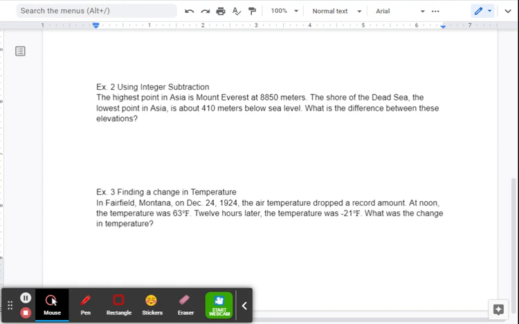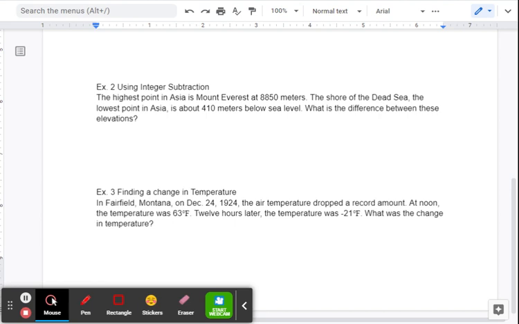They want to know what that big change was going from 63 to negative 21. It changed 84 degrees in 12 hours. An 84 degree difference. That is huge. That is a big difference. So as we are doing these word problems, we need to look at setting up those subtractions of a negative. We want to make an adding a positive.